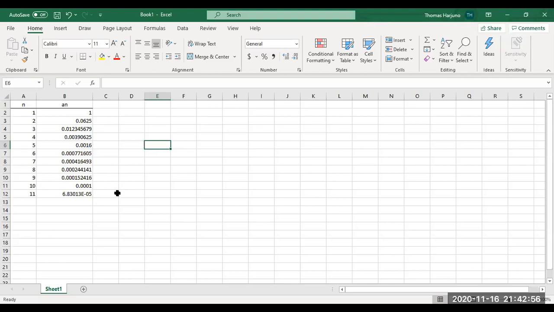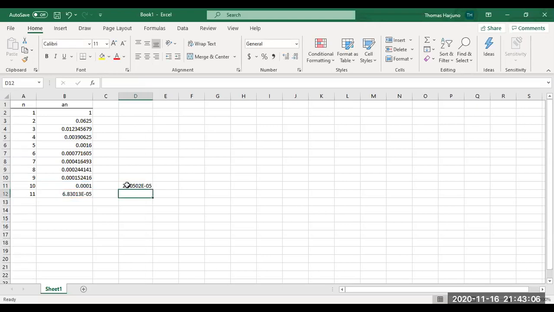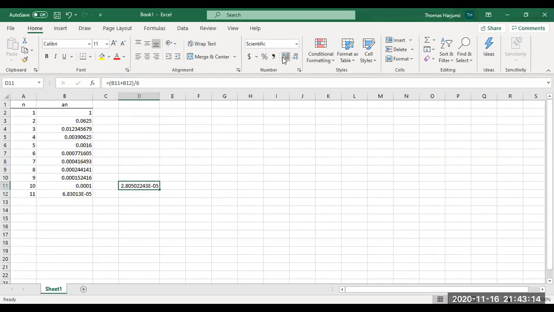Okay. I will add these two guys, this guy plus this guy divided by 6. That's the number. It's e to the negative 5. You see what it means? Do you know what it means?